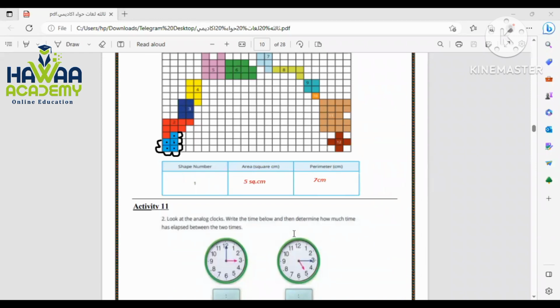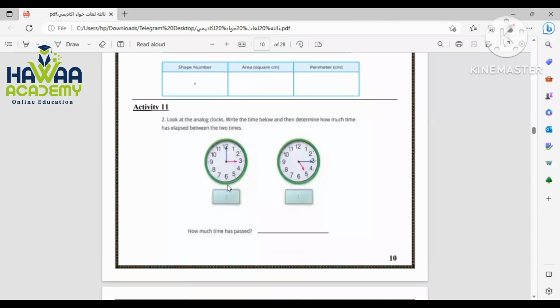Okay, just shape 1. Let's see activity 11, and this is the last activity. Here we have, look at the analog clocks, write the time below, and then determine how much time has elapsed between the two times. Okay, let's write the time first. It's 3 o'clock, and here 5:15.